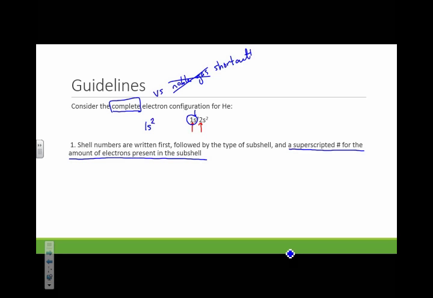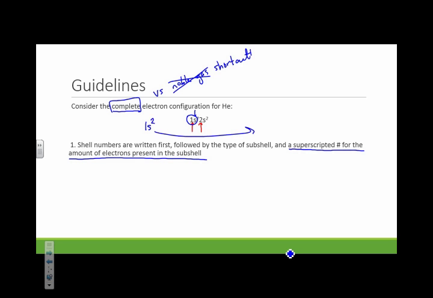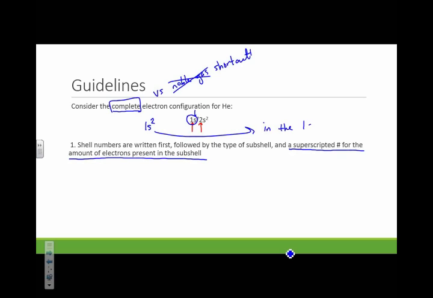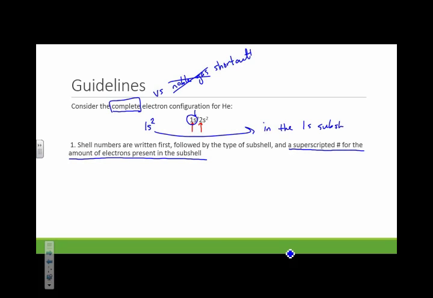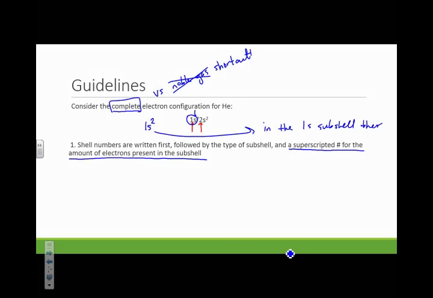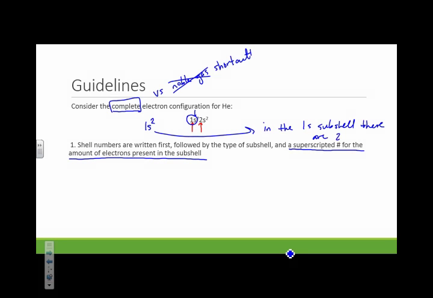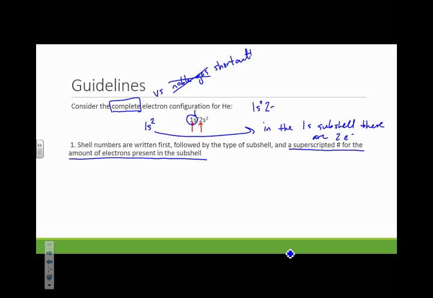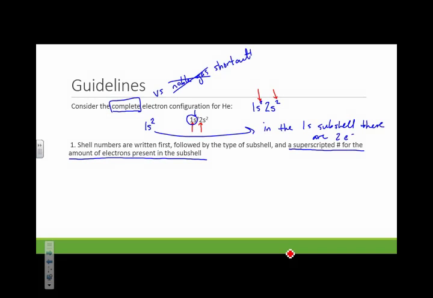So by saying 1s2, we're saying that in the 1s subshell, there are 2 electrons. That's what that tells us. So then for helium, we have 1s2, 2s2. It tells me that I have 2 electrons in the 1s and 2 electrons in the 2s.